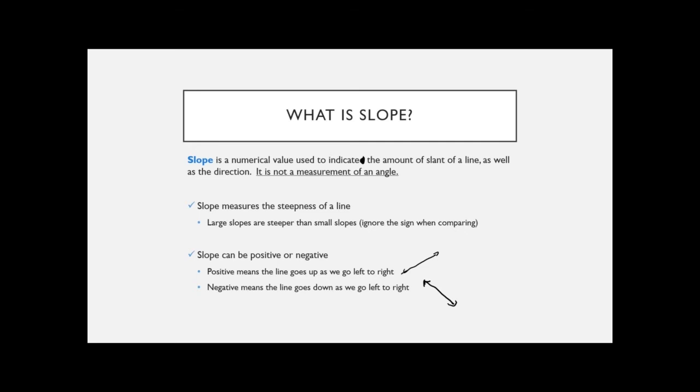A negative meaning decrease makes sense because subtraction is like adding a negative, which is making things smaller. If you think of positive, you're adding, so you're going to increase, you're going to get bigger. So the sign tells us the direction, whether we're going up or down, and the number itself is a measurement of how steep our line is.